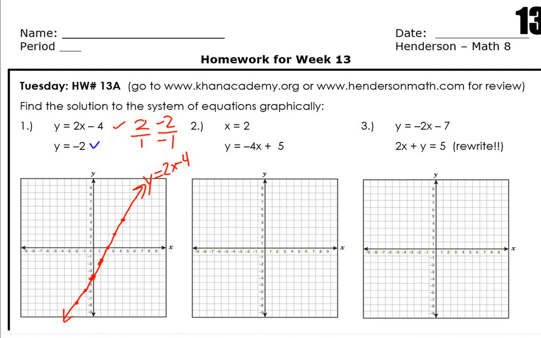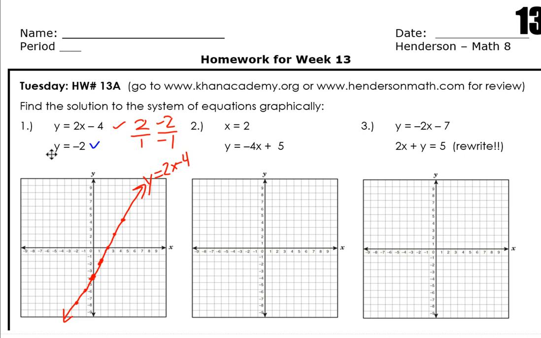Now I'm going to graph the second linear equation in blue. Notice that this equation is missing a variable. Y is equal to -2 means that all of the points have a -2 as their y coordinate. Y equals -2 is a special horizontal line.